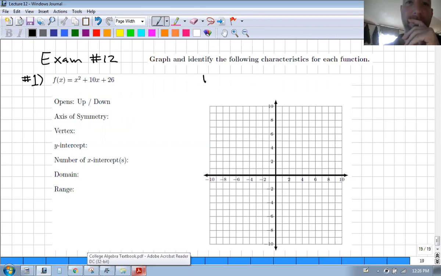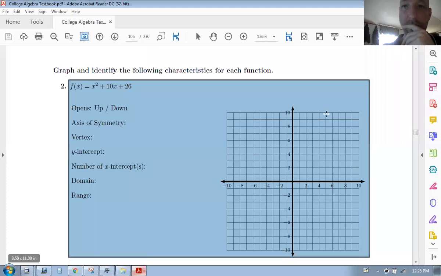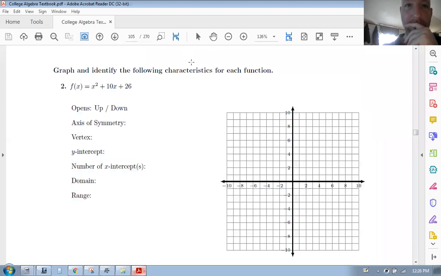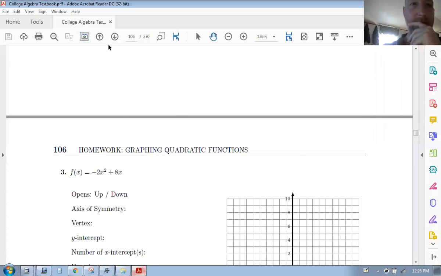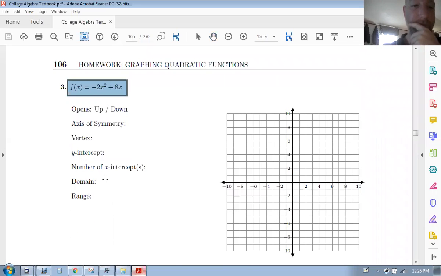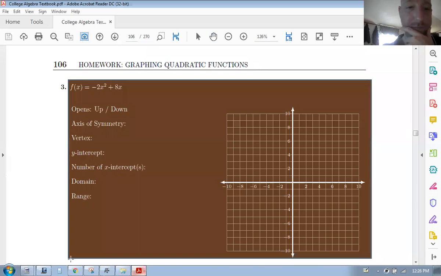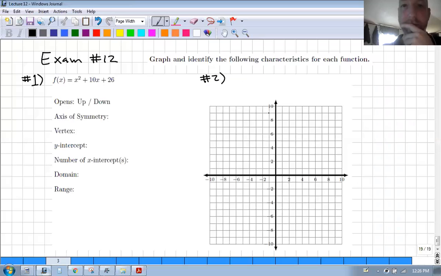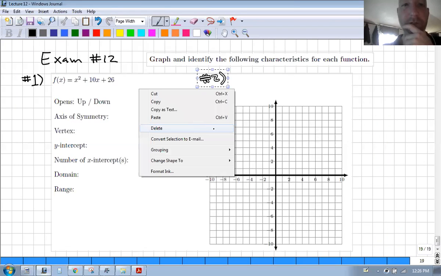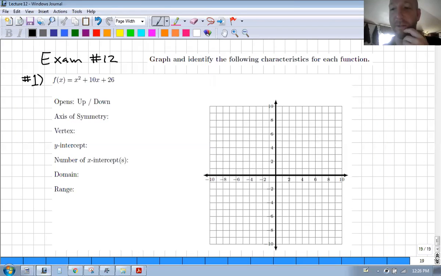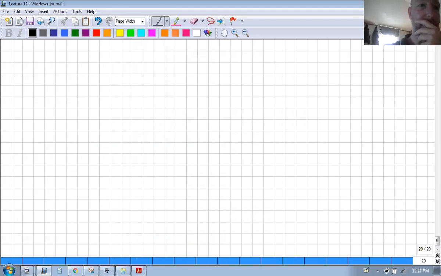Do number 1 and number 2. So we'll have 2 and number 3. I guess I have to do them on separate pages, don't I? So there's your number 1, y'all. Let me do number 2 on the next page.